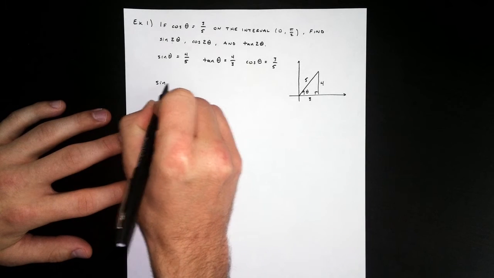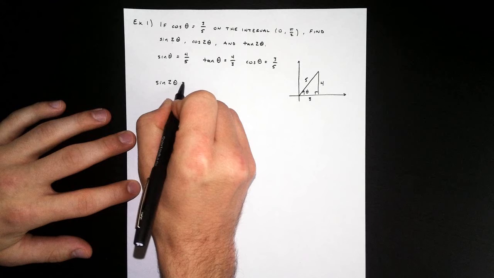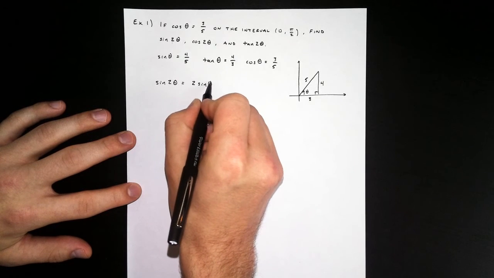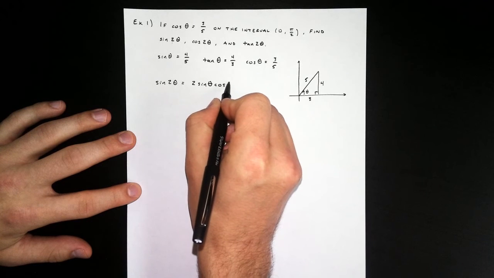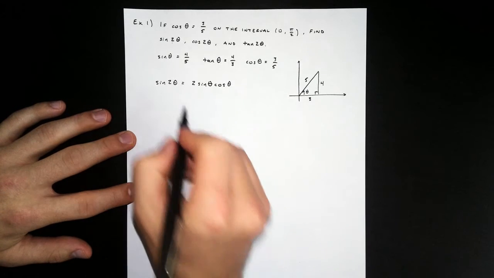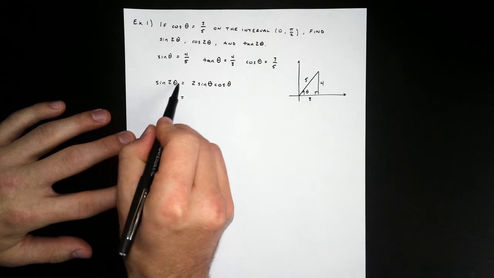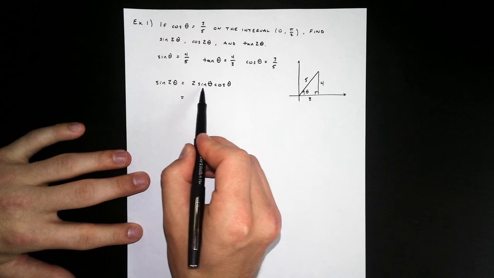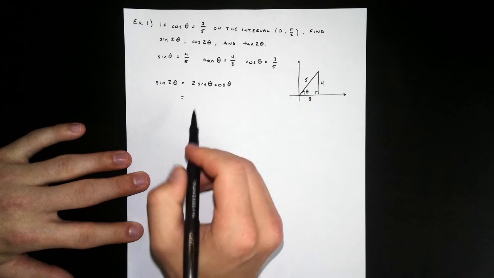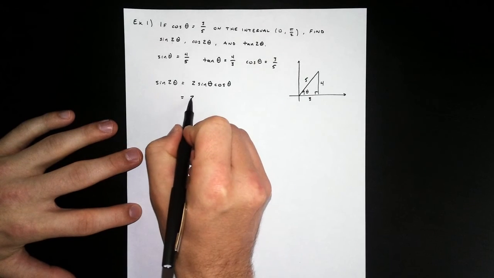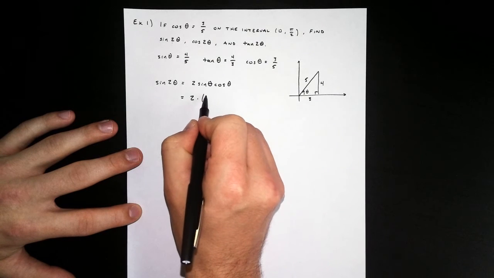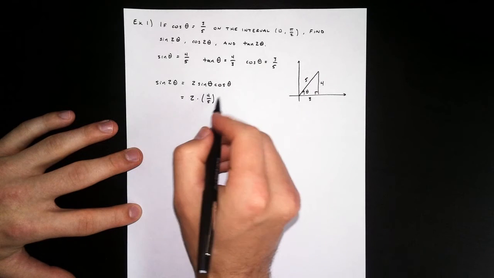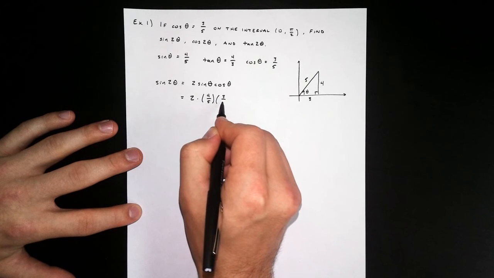So the sine of 2 theta: the identity for this is 2 times the sine of theta times the cosine of theta. So we'll start with this one. This is what we're trying to figure out, and we're going to use the identity because we know the sine of theta and we know the value for the cosine of theta. So we have 2 times the sine of theta, which is 4 over 5, and then the cosine of theta is 3 over 5.